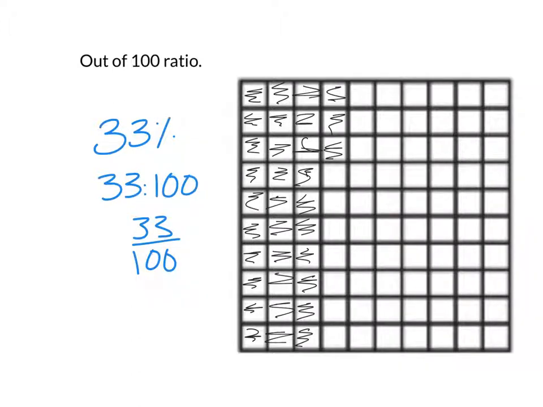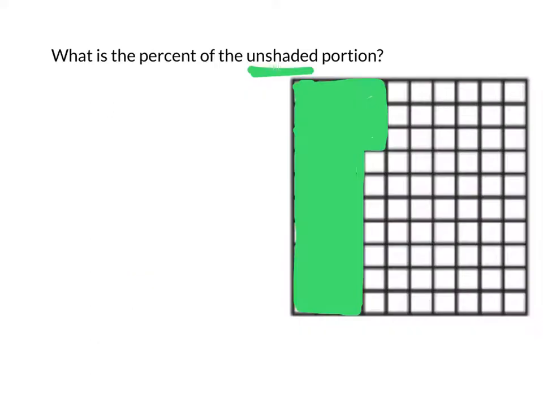So remember, percentage is out of 100. So out of 100 boxes, we have 33%, or 33 boxes colored in. That's what percentages represent.